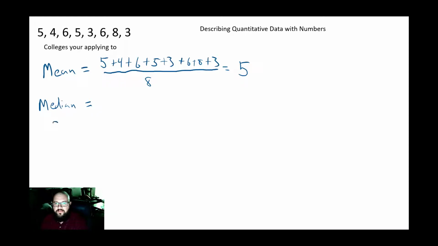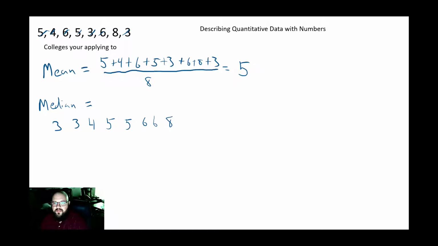We have 3, well, we have 2 3s here. We have a 4. We have 2 5s. We have 2 6s. And the last one is an 8. So there are our 8 numbers.